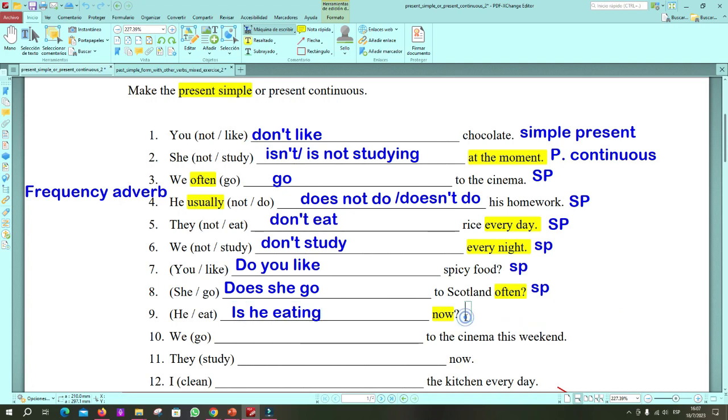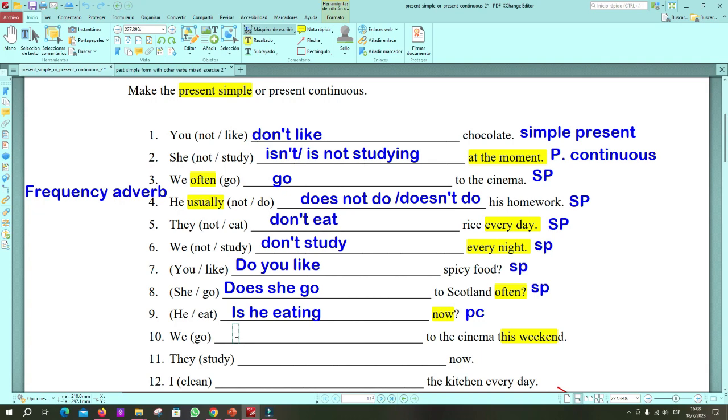So, this is present continuous, right? What about 10? We to the cinema this weekend. That would be like a future thing, right?